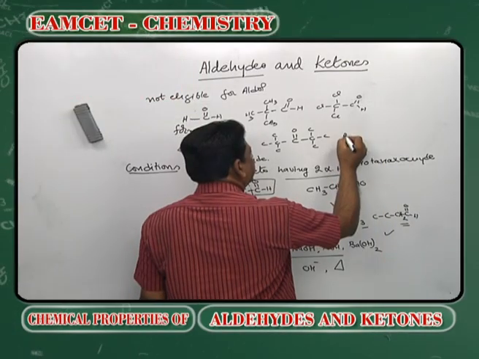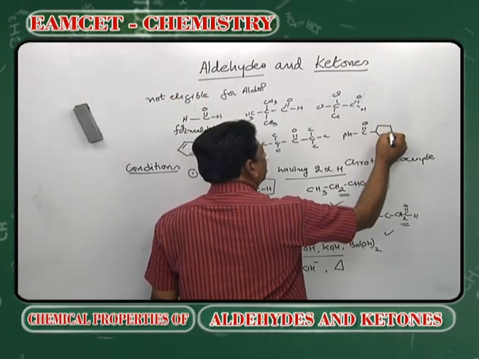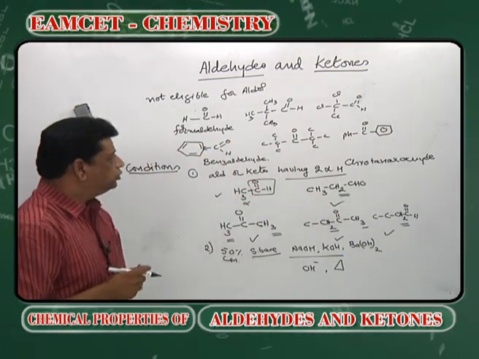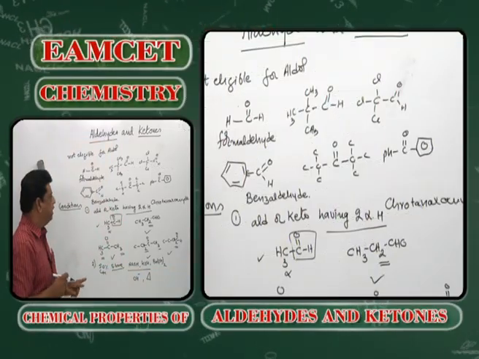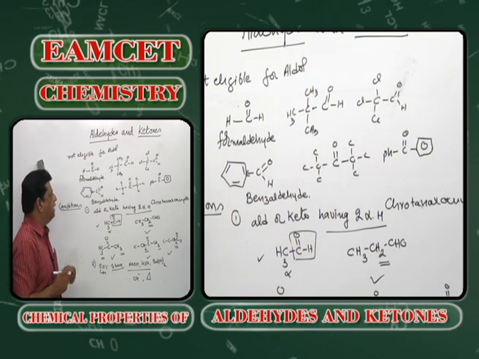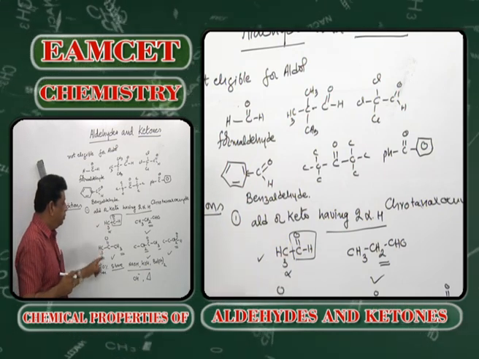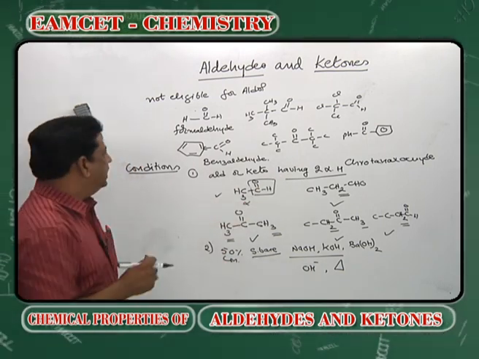So similarly, a phenyl group, a C double bond O, a phenyl also cannot undergo the aldol condensation. So what you need is 2 alpha hydrogens should be there. If the 2 alpha hydrogens are not there, the reaction is failing. But aldehydes and ketones both undergo reaction if it fulfills the presence of the 2 alpha hydrogens, right?